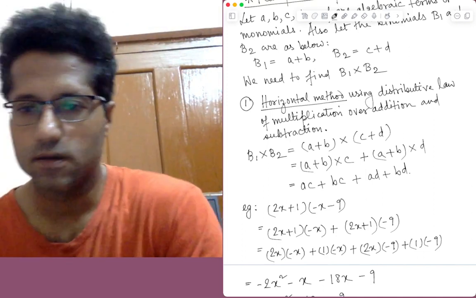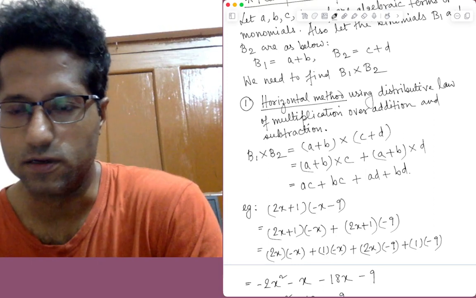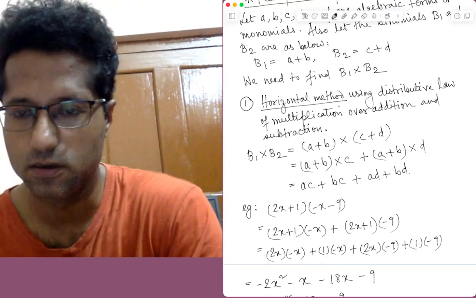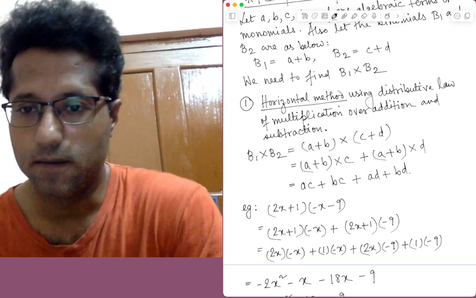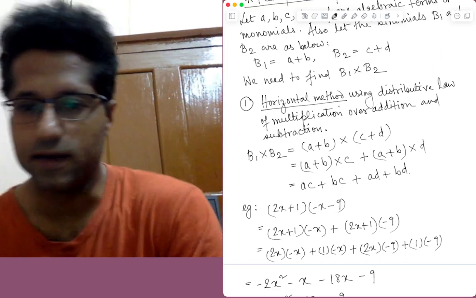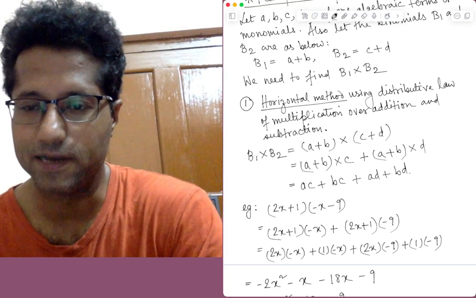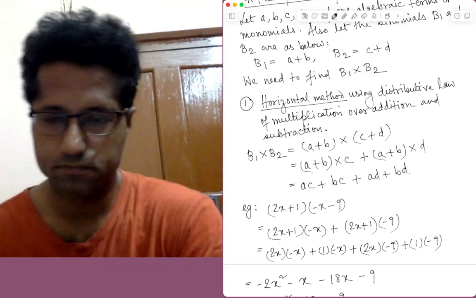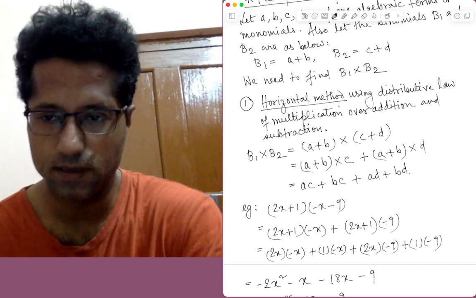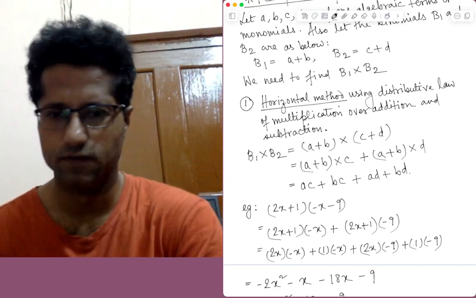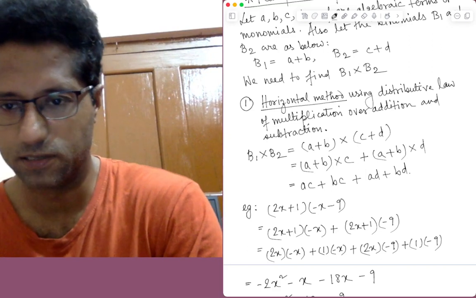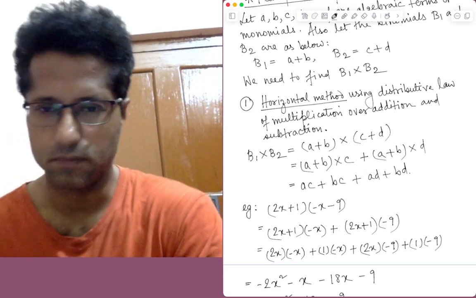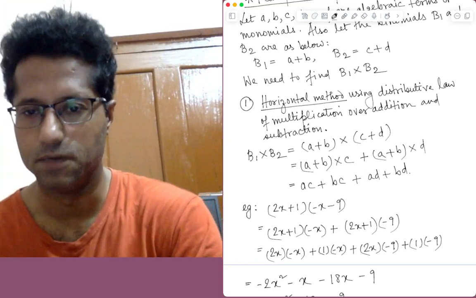The first time we are distributing over the multiplication of A plus B over C plus D, so that becomes A plus B into C plus A plus B into D. Then again we apply the distributive law while doing the product of A plus B into C and A plus B into D. So in this way we get AC plus BC plus AD plus BD. Now AC means A multiplied by C, BC means B multiplied by C.